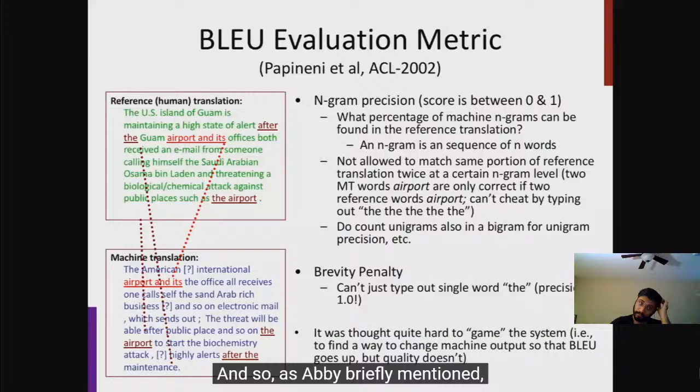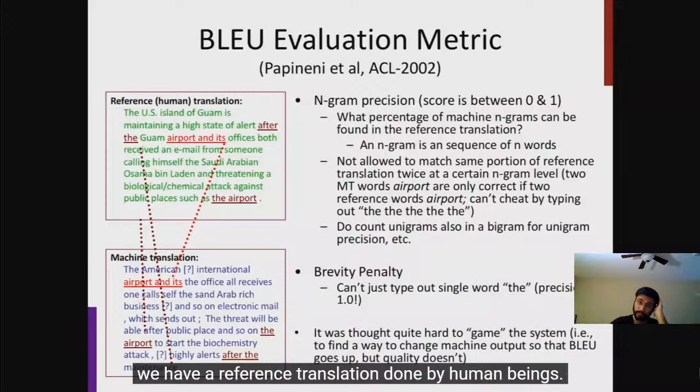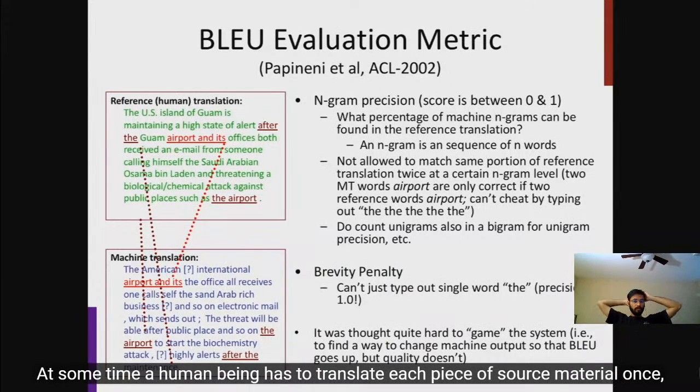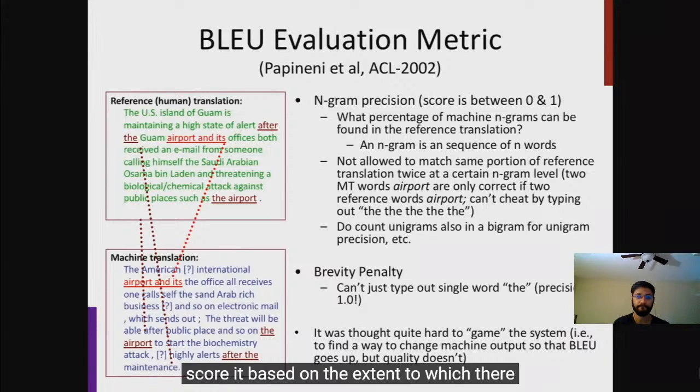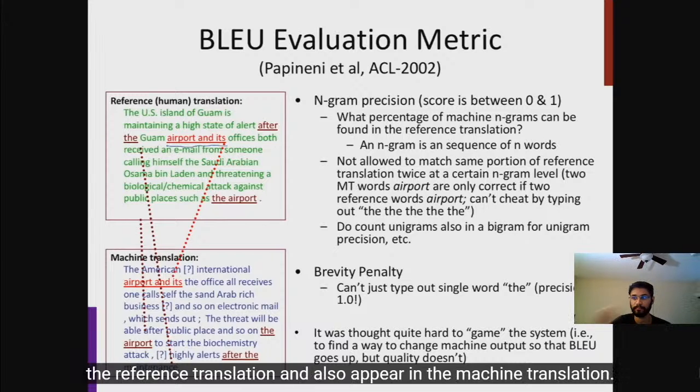And so, as Abby briefly mentioned, we have a reference translation done by a human being. So at some time, a human being has to translate each piece of source material once. But then you take a machine translation and you score it based on the extent to which there are one or more word sequences that appear in the reference translation and also appear in the machine translation.